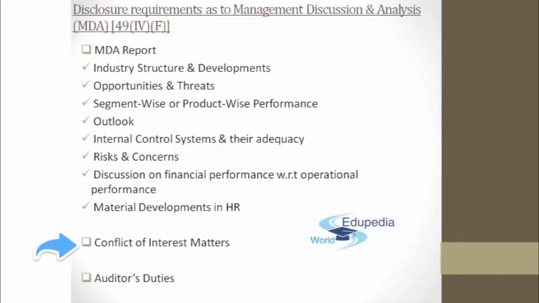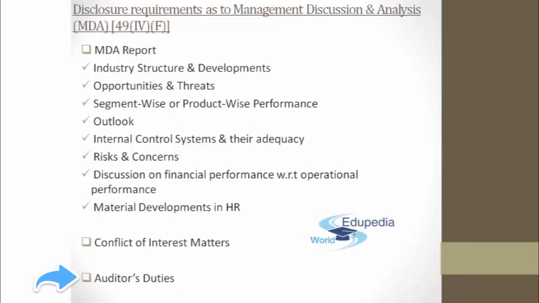And finally, what are your duties as an auditor? Number one, the MDA report is likely to include each and every kind of non-financial information which may be outside the area of the auditor's expertise. So you as an auditor are only required to review the compliance with disclosure requirements and not verify the particular facts as disclosed by the management, because that's beyond your scope in that particular case.